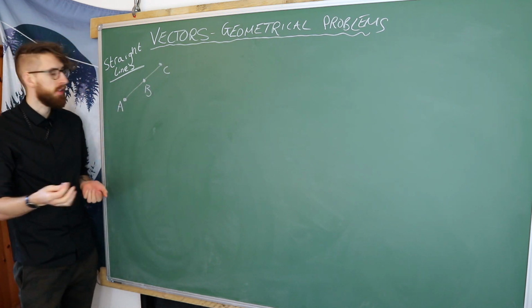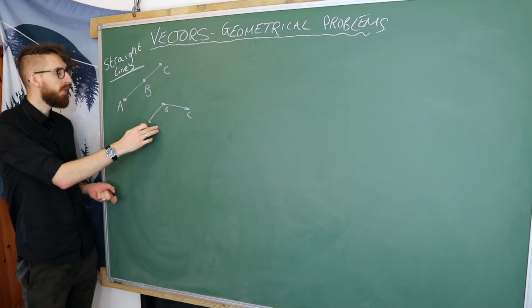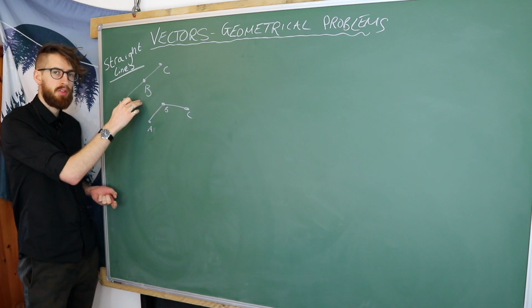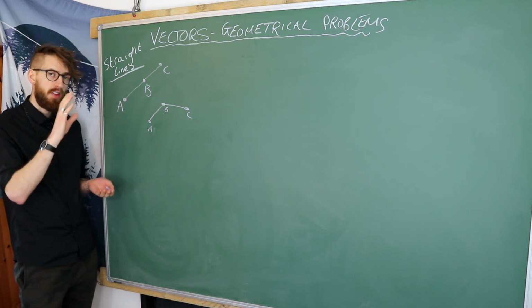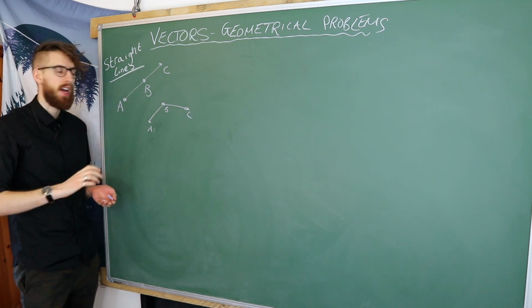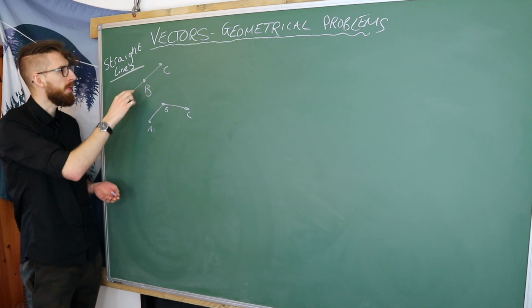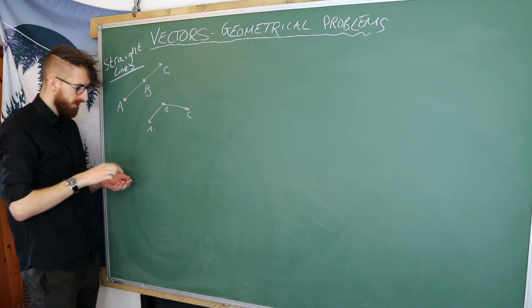But what if they weren't on a straight line? Here it's obvious they're not, here they are. What you would have if they were on a straight line is that the displacement vector from A to B will be parallel with the one which is A to C or B to C.